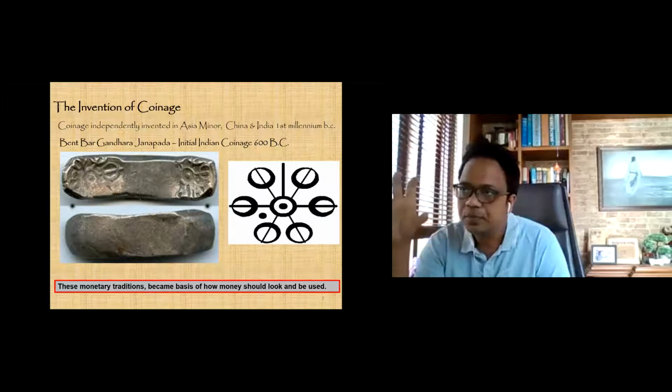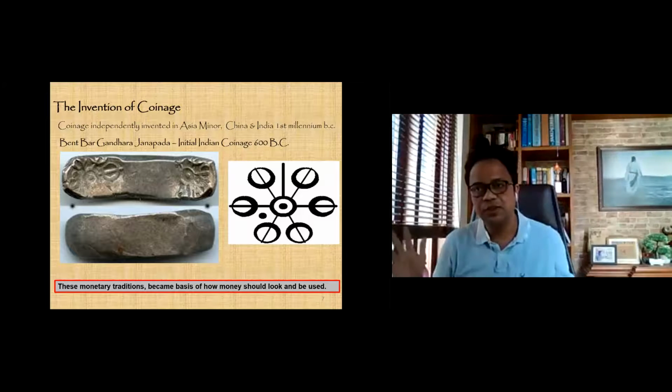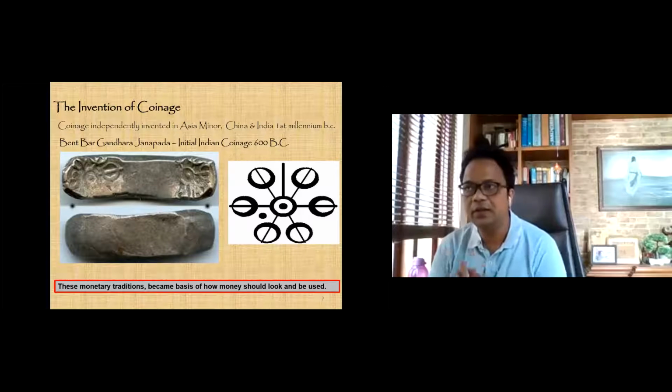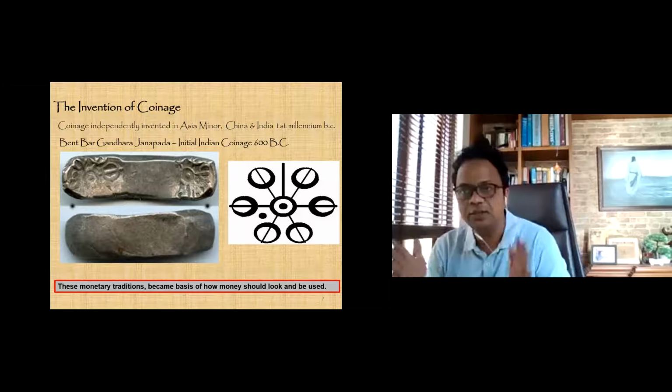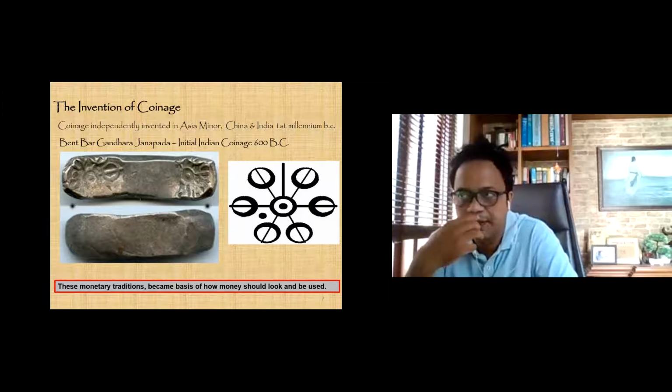So the first coins that we have seen came because of these reasons, and they're seen in Asia Minor, which is somewhere on the European side, China, and India. Coins developed independently in all these places, and these places had a civilization that was developing as well.